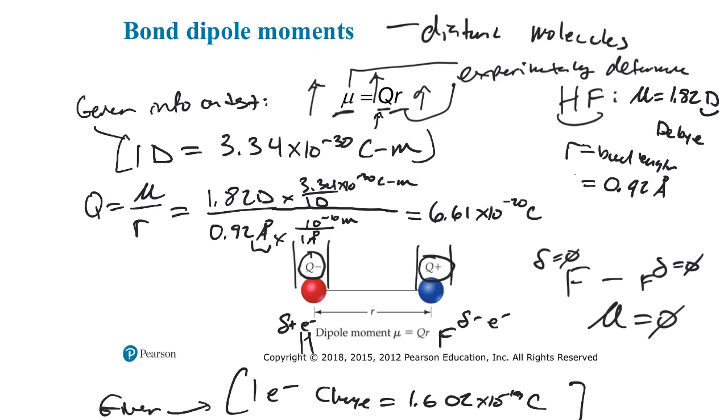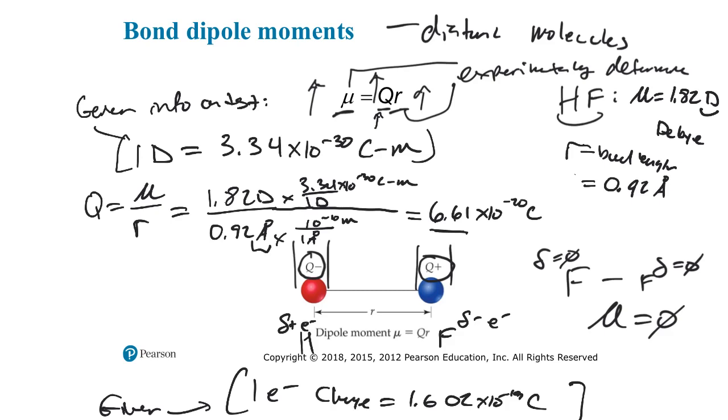Now, you may have seen this before. This may be a more likely number that you already know or have seen in the past, but this is the connection where if this charge here had come out to 1.6 times 10 to the minus 19 coulombs, then that would be a charge of plus and minus 1 electron. Now you can see it's less than this.